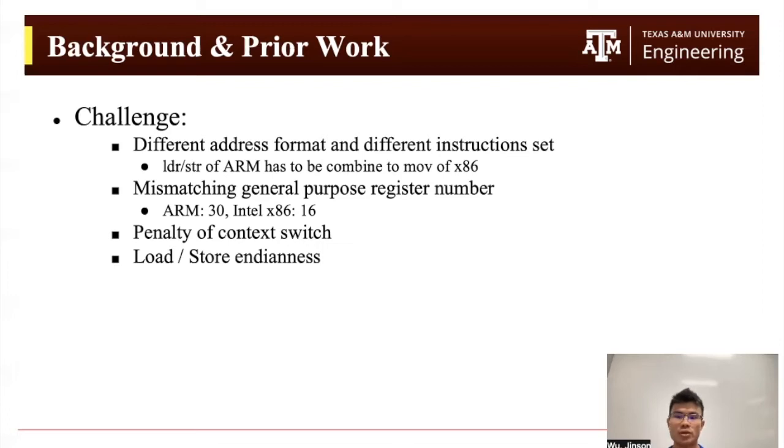Most of the research we surveyed either lies in translating the binary back to source code or translating to intermediate instructions. Therefore, we propose a method to directly translate assembly files. By this approach, we can exploit faster and more direct translation.